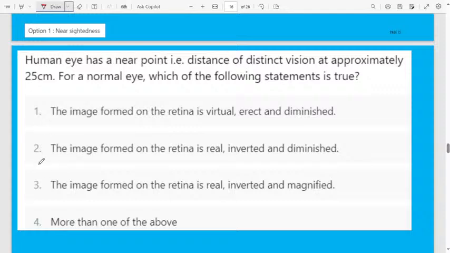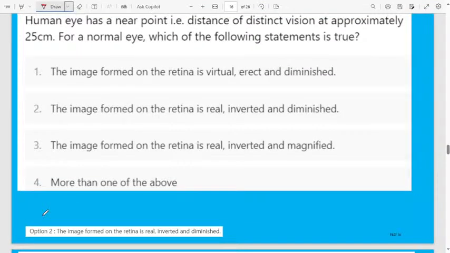Second option, real inverted diminished. Third option, real inverted magnified. Fourth one, more than one of the above. The correct answer is the second one: the image formed on the retina is real inverted diminished.